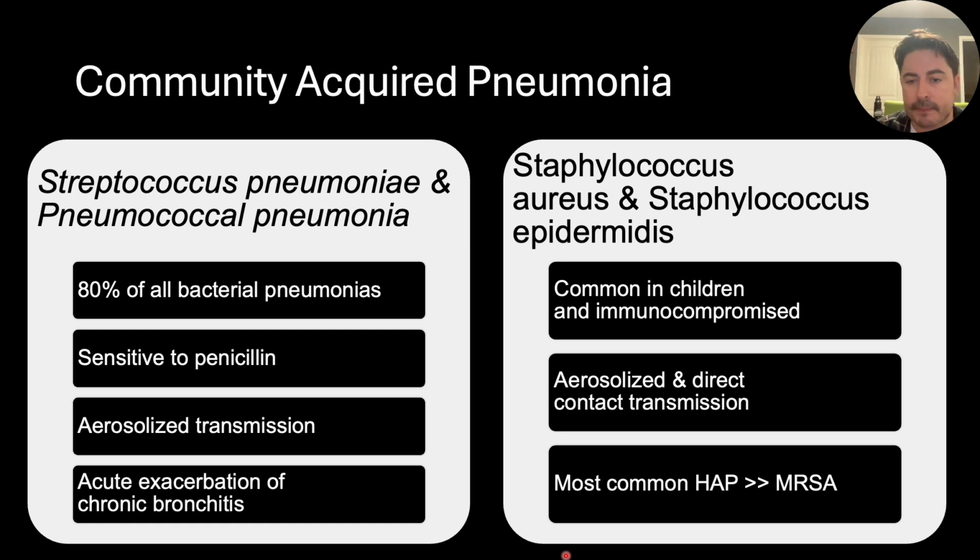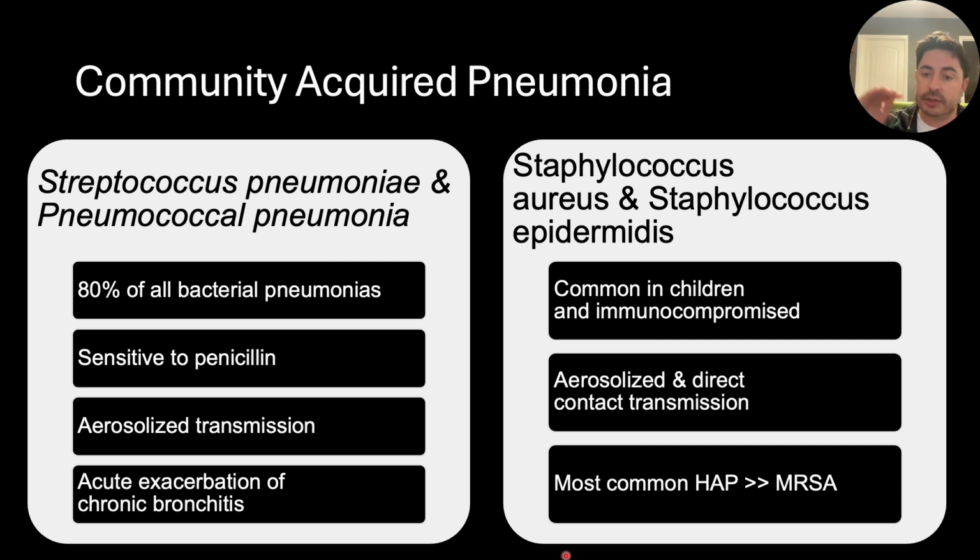Other types or subcategories of pneumonia are Staphylococcus aureus, or Staph aureus, and Staphylococcus epidermidis, or Staph epi. These are more common with hospital-acquired pneumonia and MRSA. These can transmit through aerosol, just like the strep pneumoniae categories, and they can also transmit through direct contact.